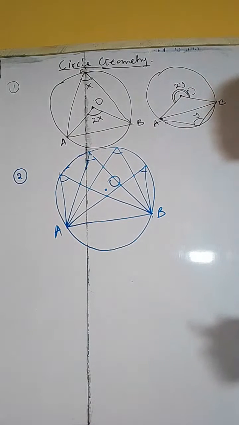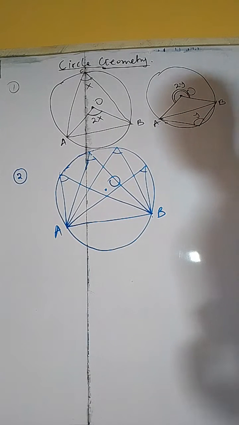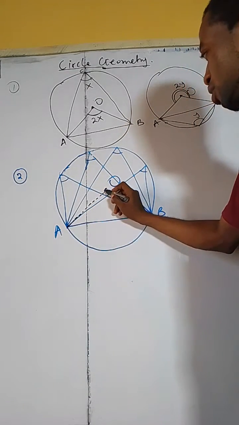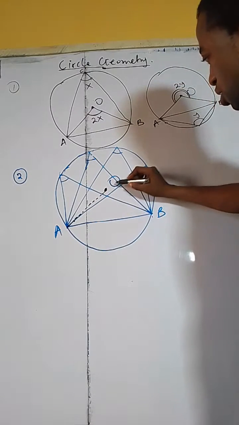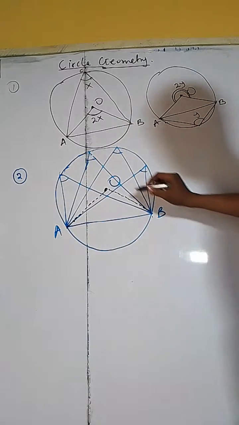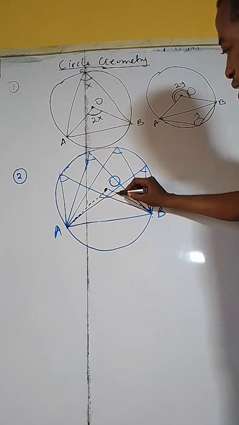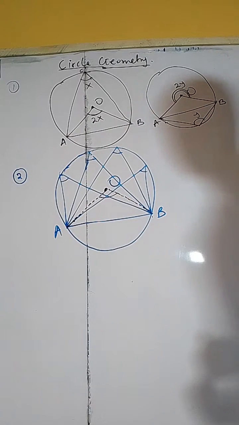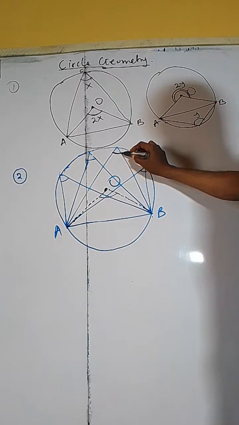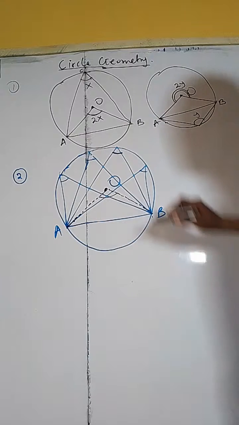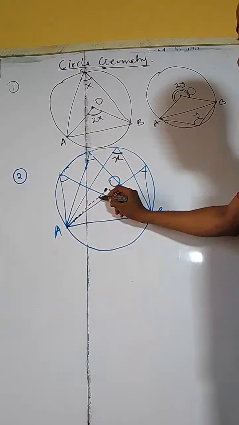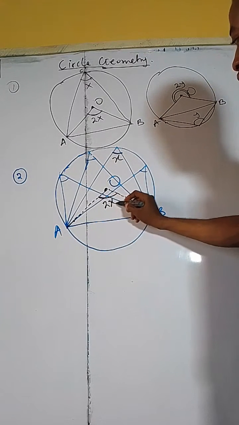So that's the theorem. This follows from the proof of the first theorem. That is, we can connect from construction, join A to the center, also B to the center. And when we look at this obtuse angle here, the angle at the center, we can see that it is serving as the angle at the center to the angle at the circumference here. So when we pick just one angle here, if this angle is x, the angle at the center here will be 2x.